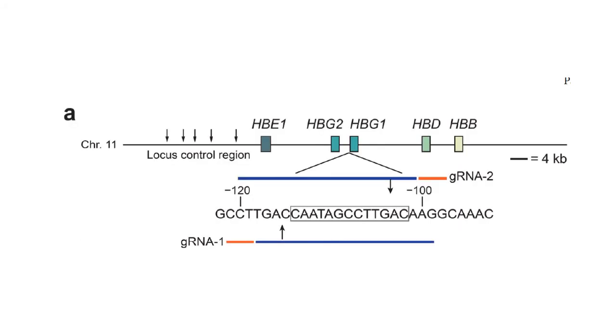So here's a diagram of the region. You've got the HBG2 and HBG1, which are what we have been calling the A gamma and G gamma. Those are the fetal hemoglobins. The ones on the right are the adult hemoglobins. On the left, of course, is the embryonic one. The part of the sequence here that is in the box, that's the 13 nucleotide deletion.